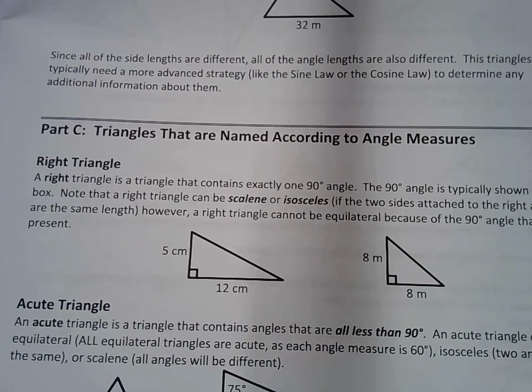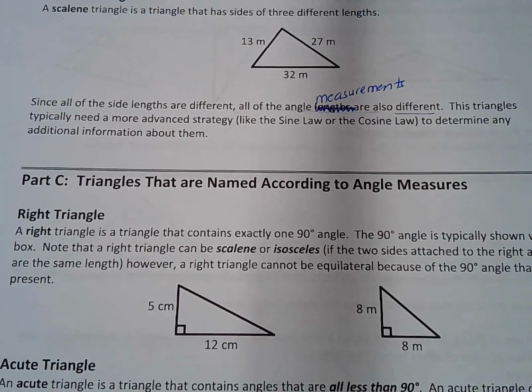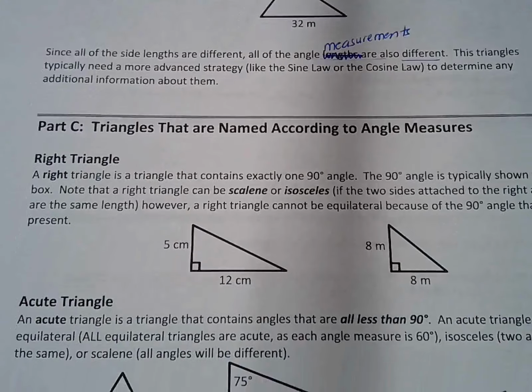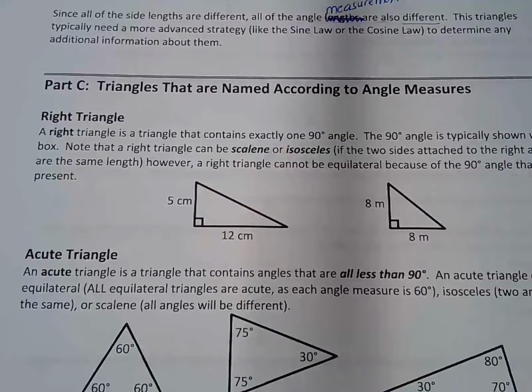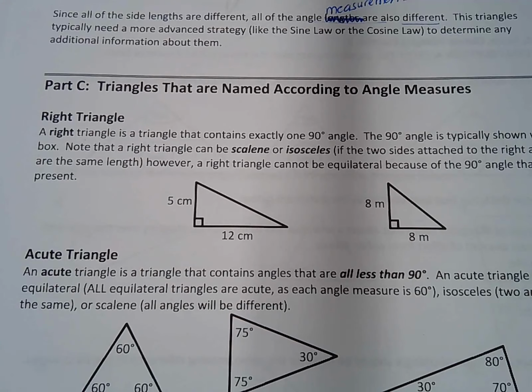I think length is not the right word, because angle is not a length. We're going to use that later on. So we can categorize a triangle based on the side lengths. Now, the other thing that we're going to do is categorize a triangle according to angle measurements.